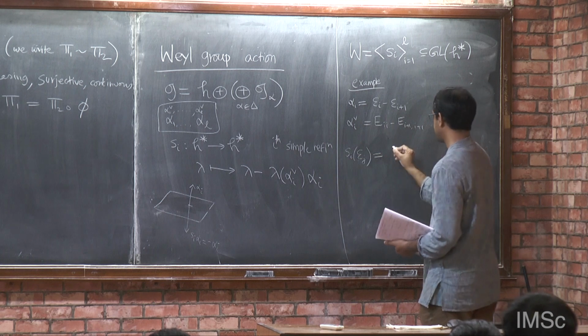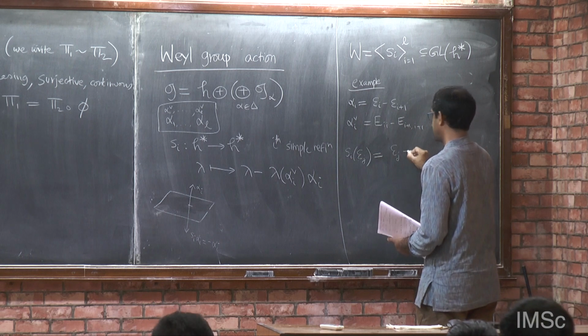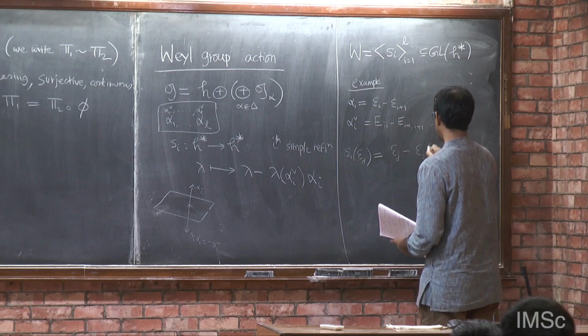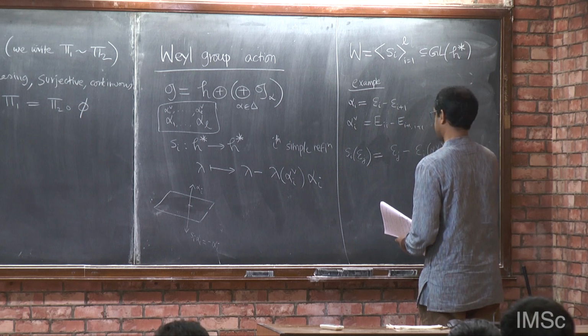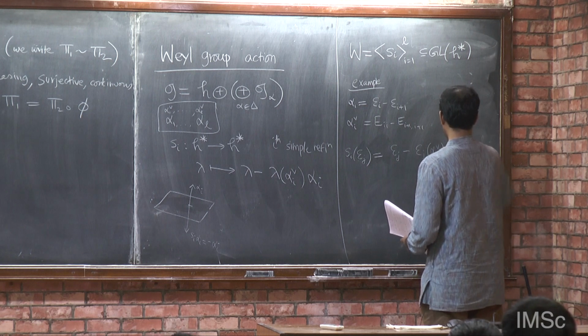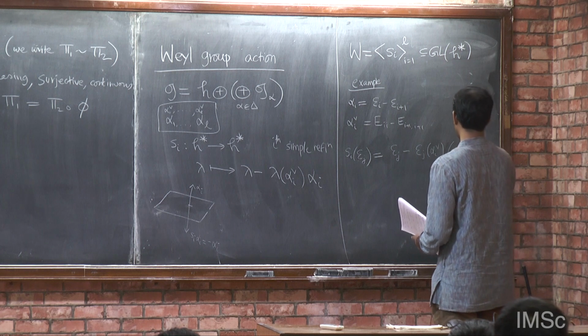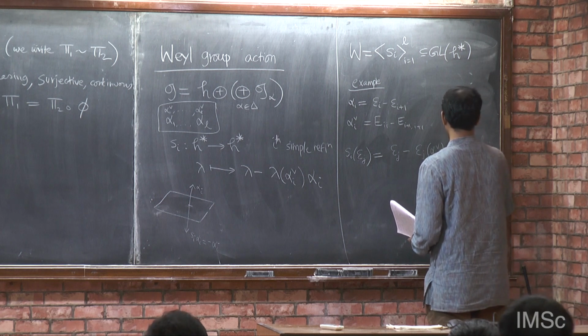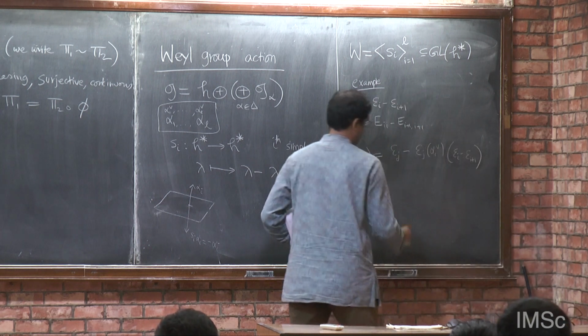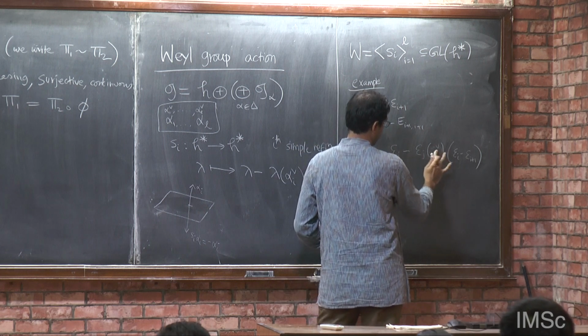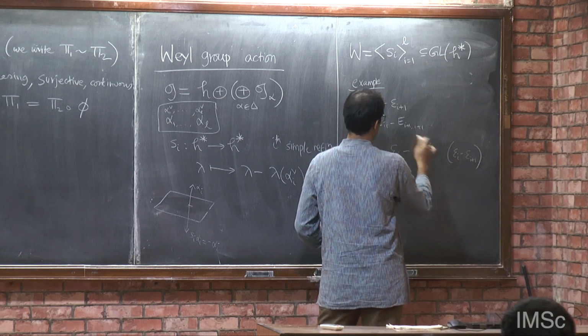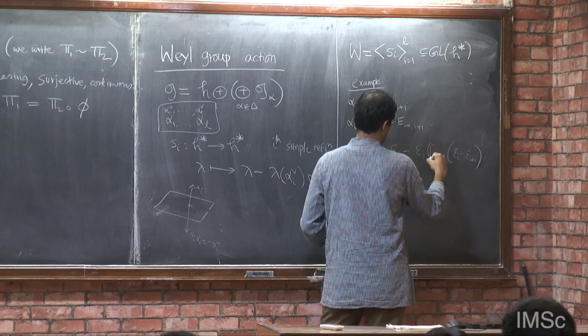By this definition, it's epsilon_j minus epsilon_j evaluated at alpha_i check, times alpha_i. Alpha_i is of course epsilon_i minus epsilon_{i+1}. And alpha_i check, I need to replace with this diagonal matrix.